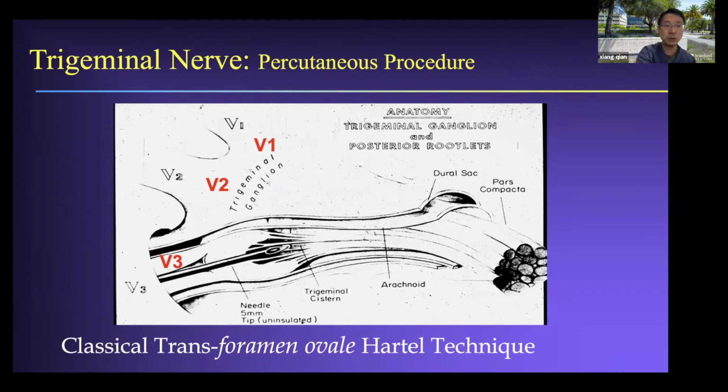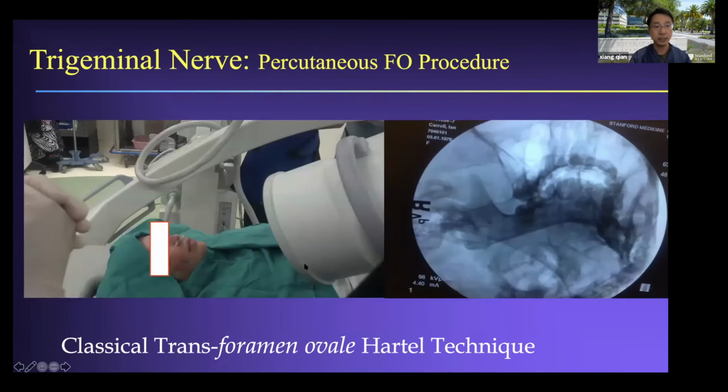You have a needle going through the foramen ovale to target the Gasserian ganglion, and you deliver thermal energies to ablate the nerve. This is how we do it. You have a patient in the operating room, and in the submental view under X-ray, this is one of my patients, and you can see with the red arrow, there's a football-like oval hole.